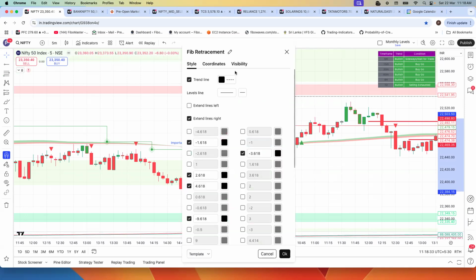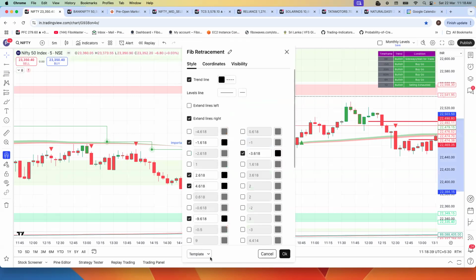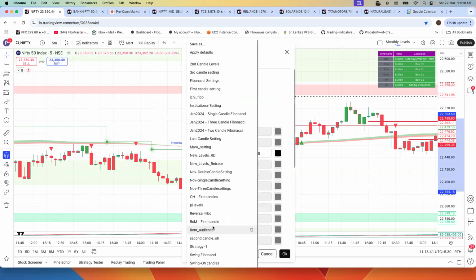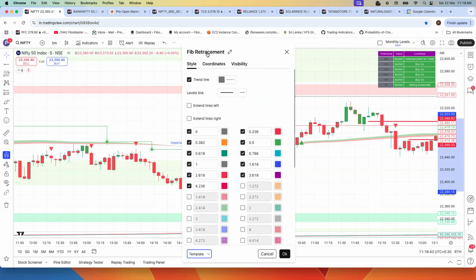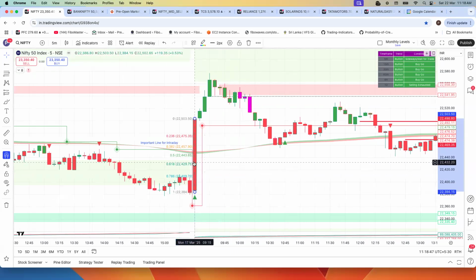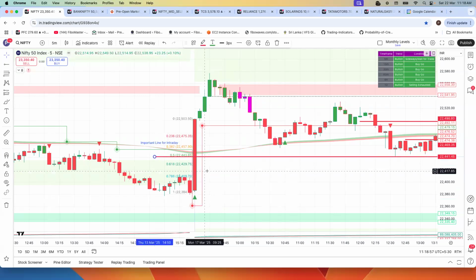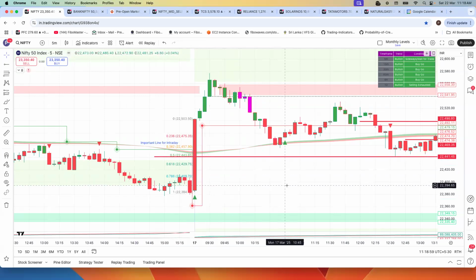Settings. Okay. So apply defaults. When I apply default, I get 0.618, right? The 0.618 level will be your stop loss. Or you can have it at 0.5. Either thing, you can do it. You can apply here, stop loss is here, and you can take a trade.